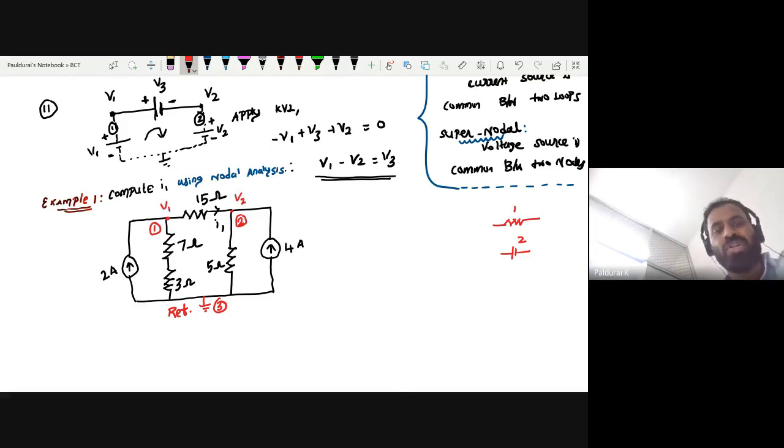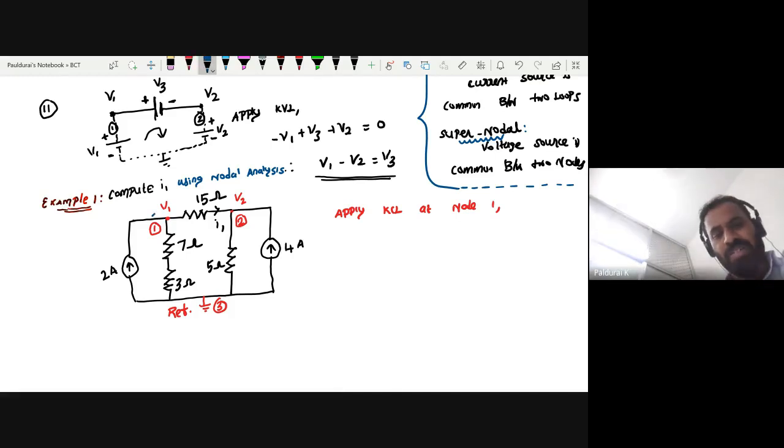Okay. So now can we apply KVL at, what is this? Loop 1. Sorry. Apply KCL at node 1. So at node 1, how many branches? Anyone?